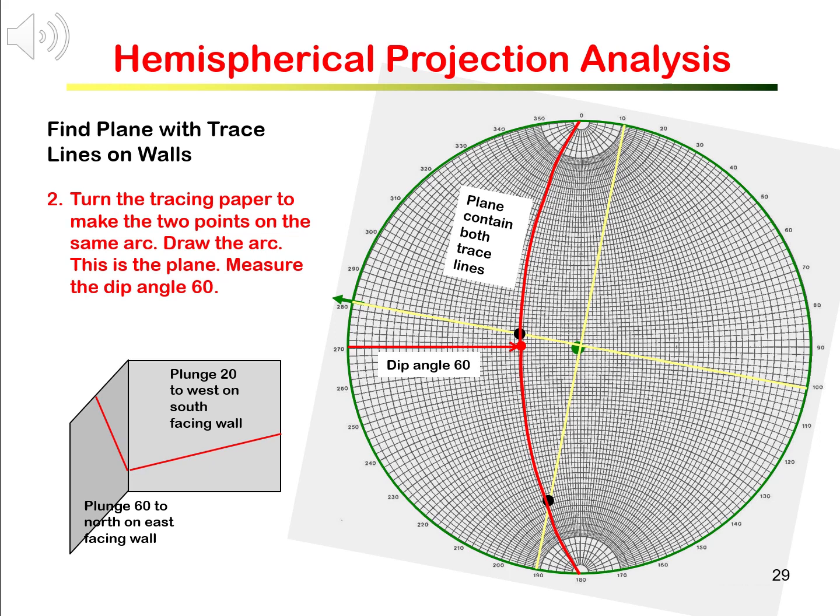And this is the plane formed by the two trace lines on the two walls. At the same time, you can determine the dip angle from the circumference. It gives us approximately 60 degrees.